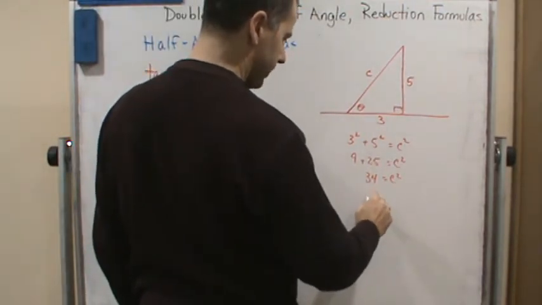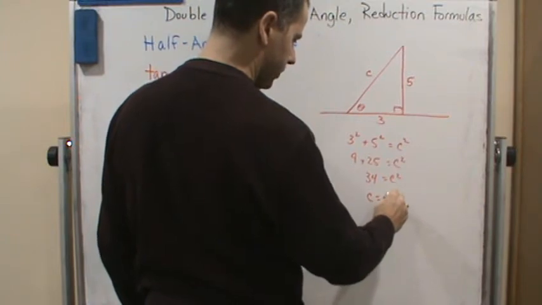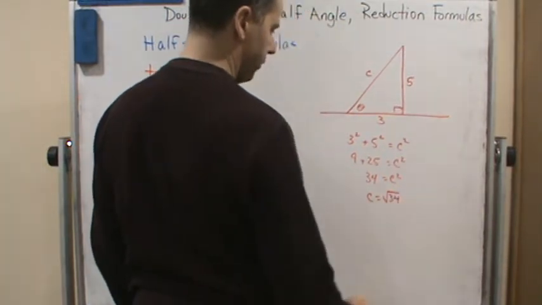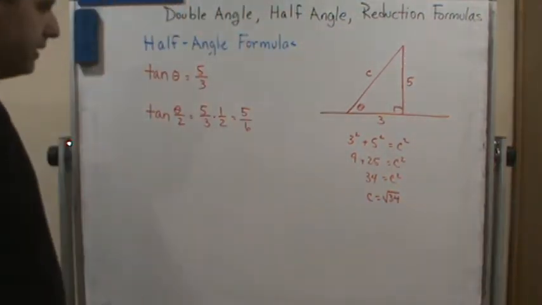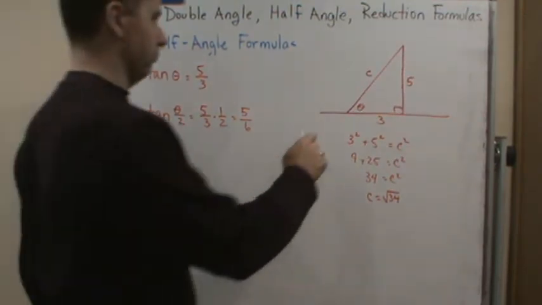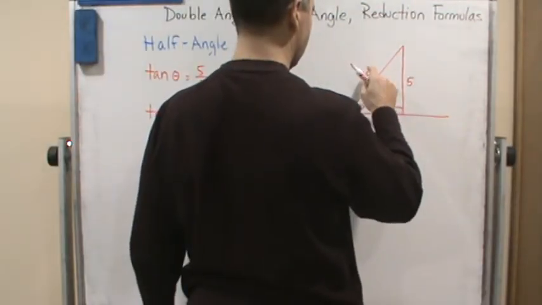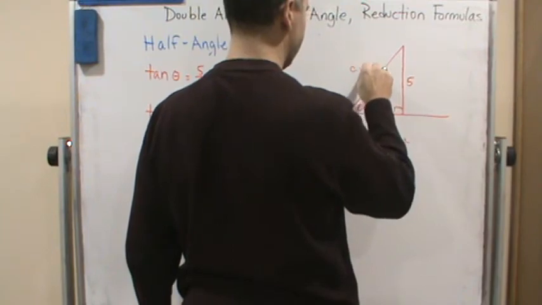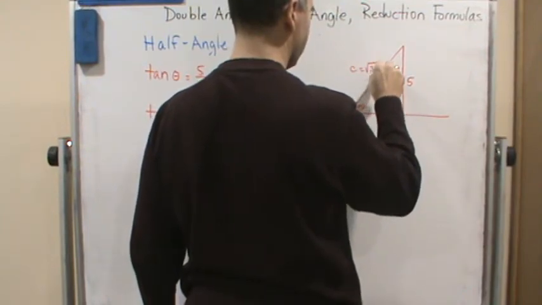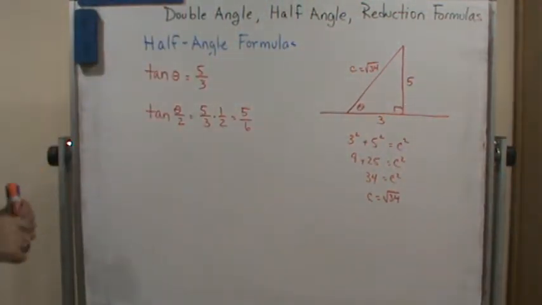So we know that c equals the square root of 34. So let's write that. So c equals square root of 34.